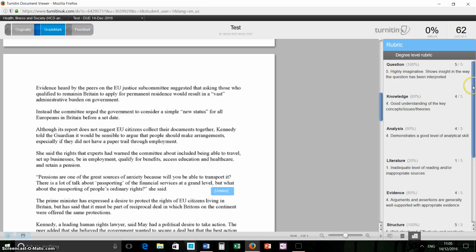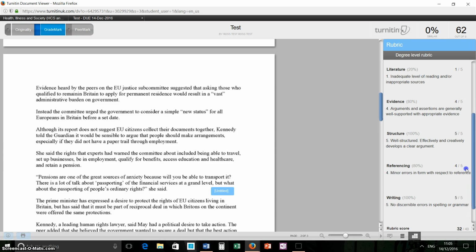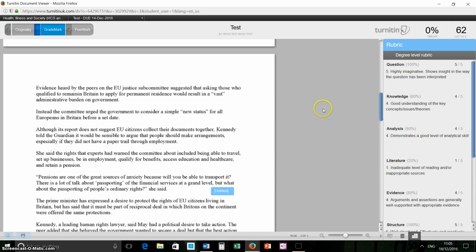So here are the various areas, so question, knowledge, analysis, literature, evidence, structure, if you scroll down, referencing and writing. Now I score them out of 5, 5 being the highest. When I score them, it generates a statement just briefly summarising why you've scored it.